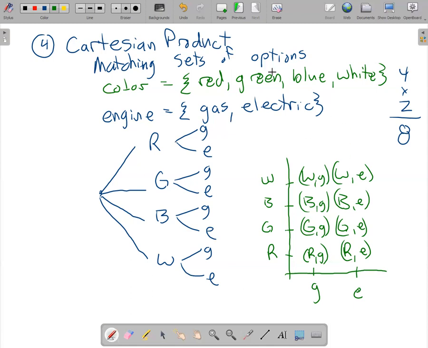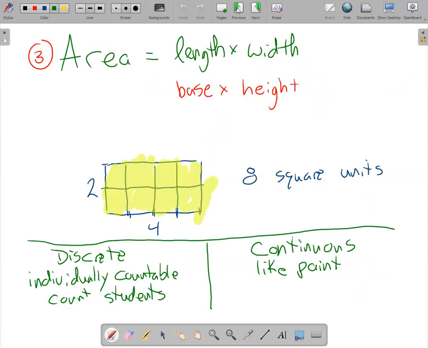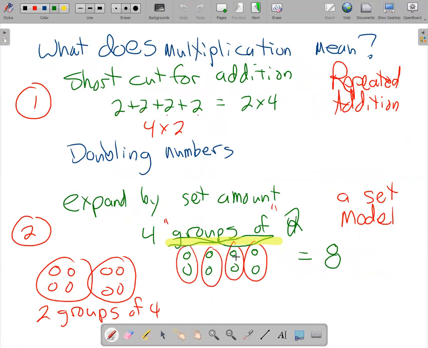And just one more note back to the groups of. When we draw the groups of in a grid like this, some people call that a whole different model, so I'm going to throw in a 5th model here. When you make a grid out of the groups of, here I have a 4 by 2 grid, that's referred to as the array model for multiplication.